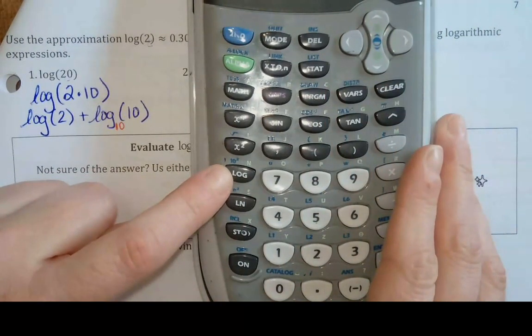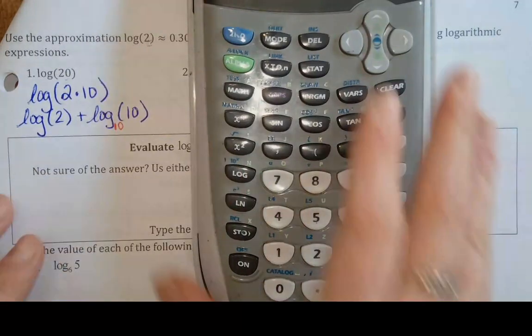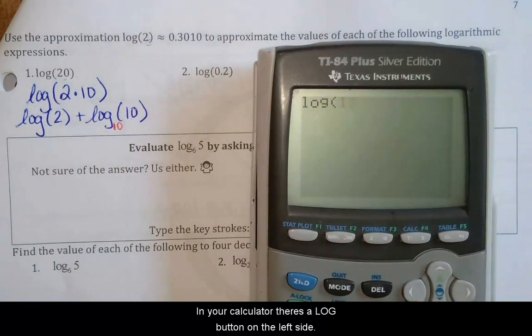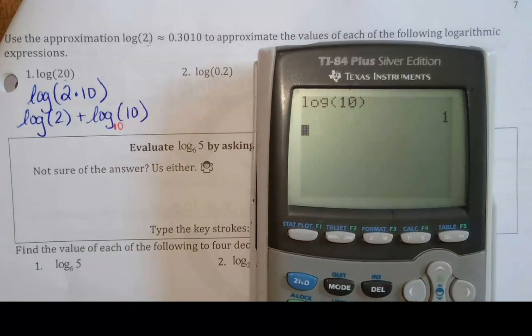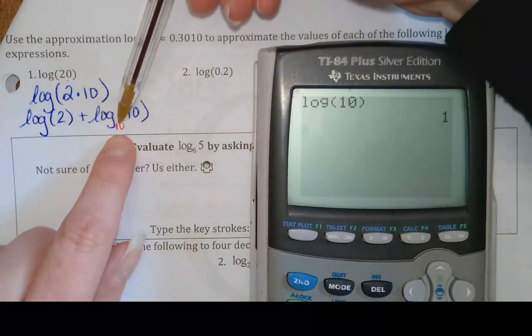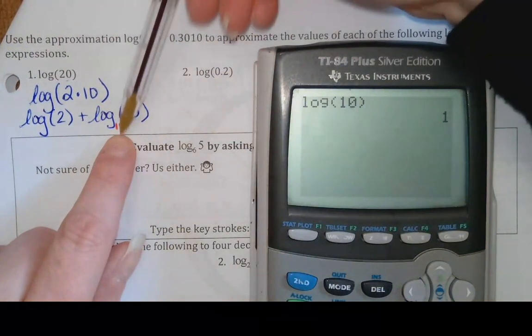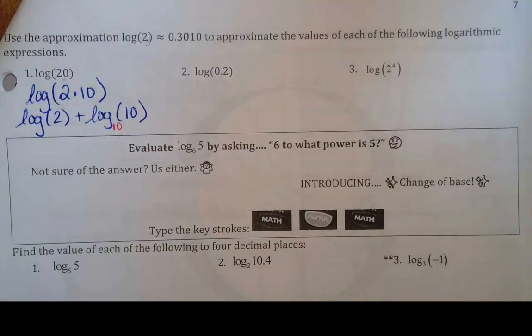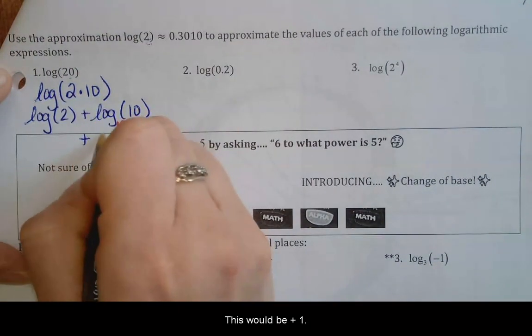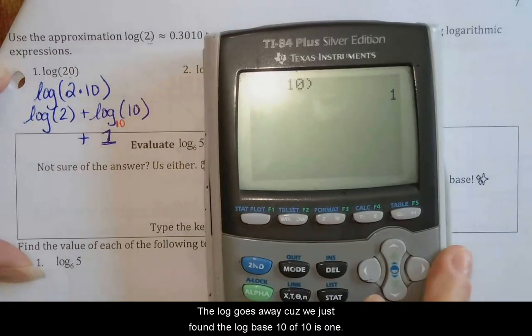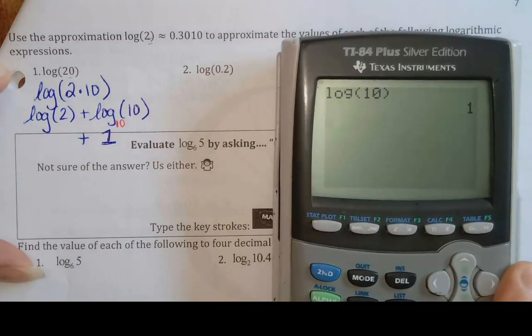That's the common base, log base 10. Log of 10 is 1, because whenever the base matches whatever you're taking the log of, it is equivalent to 1. So this would be plus 1. The log goes away because we just found that log base 10 of 10 is 1.